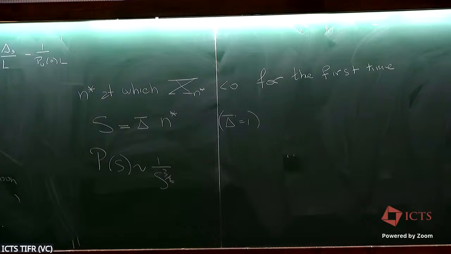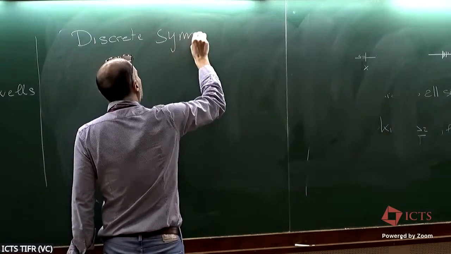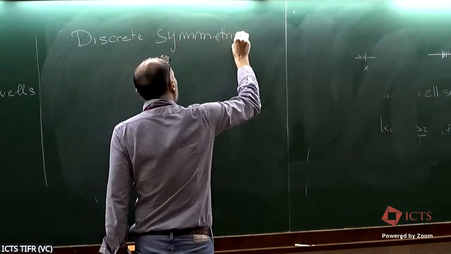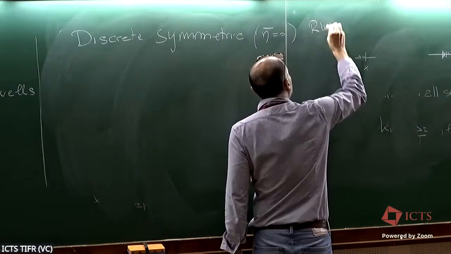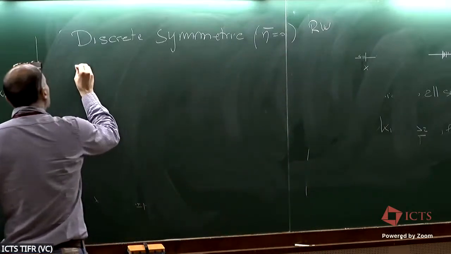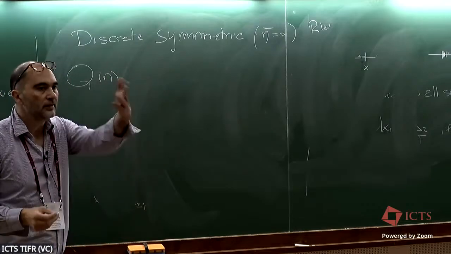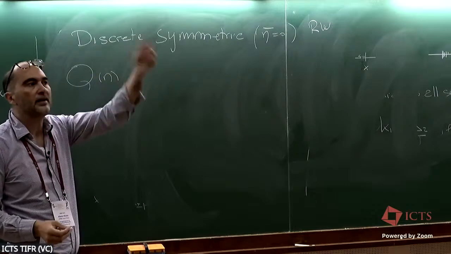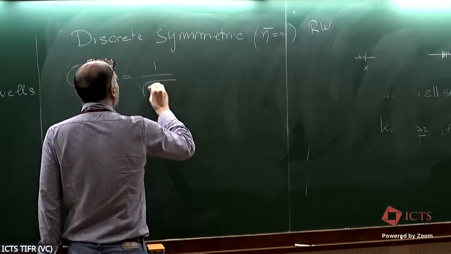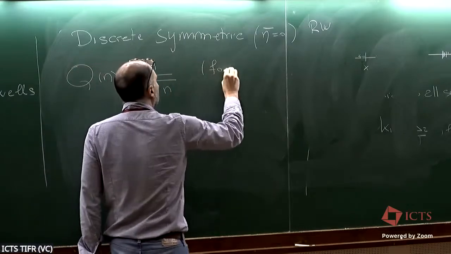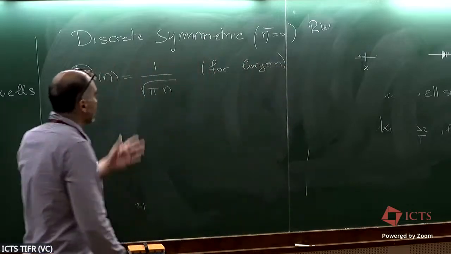So if you have a discrete symmetric random walk, which means eta average is equal to 0, then the survival probability Q of n, which is the probability that you have not yet, as Abhishek was saying, crossed the origin, is 1 over square root of pi n for large n. There is an exact expression at any n, but I just fix on large n.